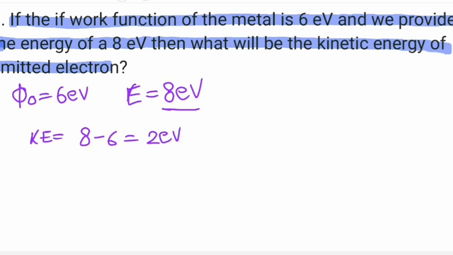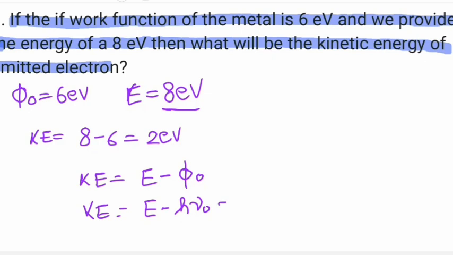So here one equation comes: kinetic energy equals the energy which we give minus the work function, or energy minus h nu naught. This will be equal to kinetic energy, and this can be further equated as half m v square.